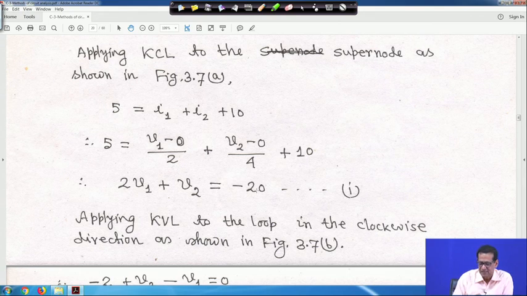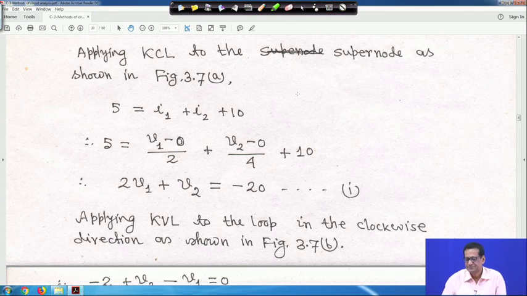Whatever I have explained there, the same thing is written here. If you simplify this, it will be 2 V1 plus V2 is equal to minus 20. This is equation 1, for the KCL when you are applying KCL to the super node. This is one equation. Now, let me clear it.